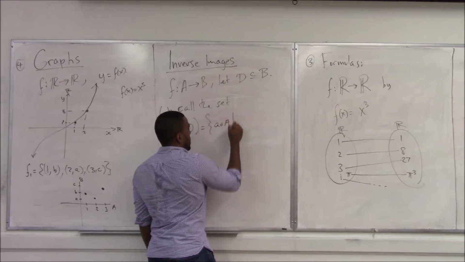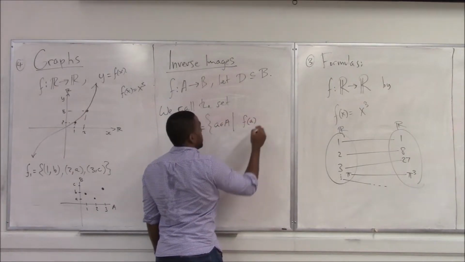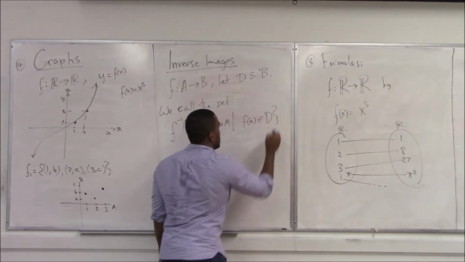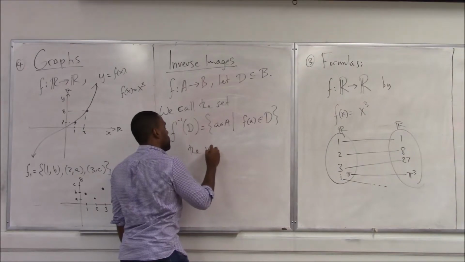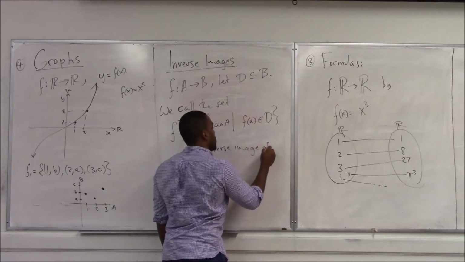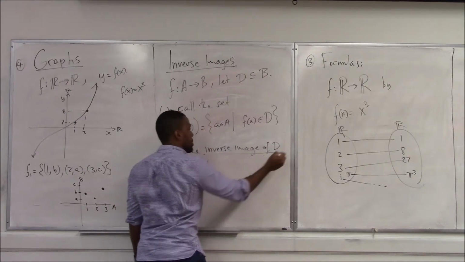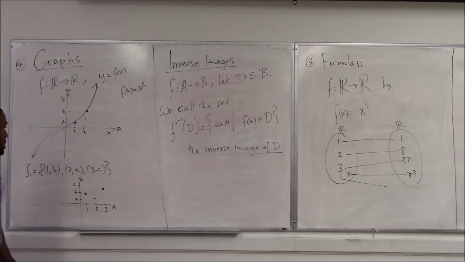It is the set of all a in A such that f(a) is an element of D, the inverse image. We'll define inverse functions in general a little bit later, but that would be the inverse image.